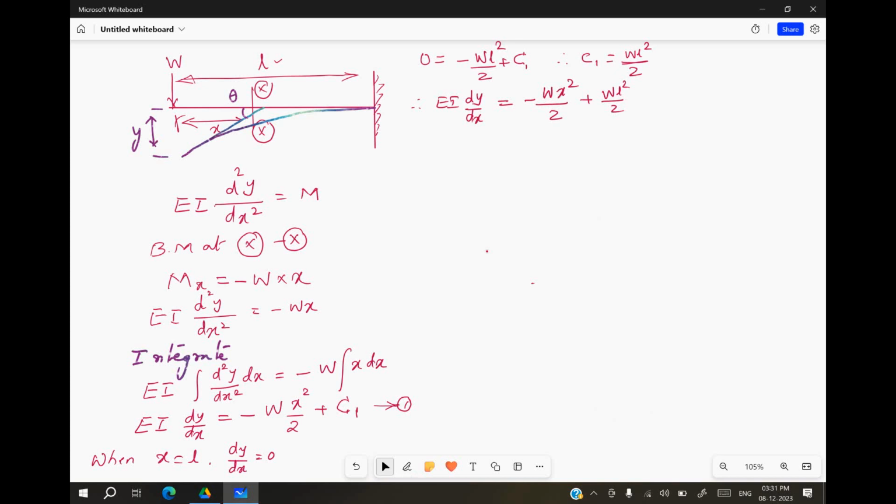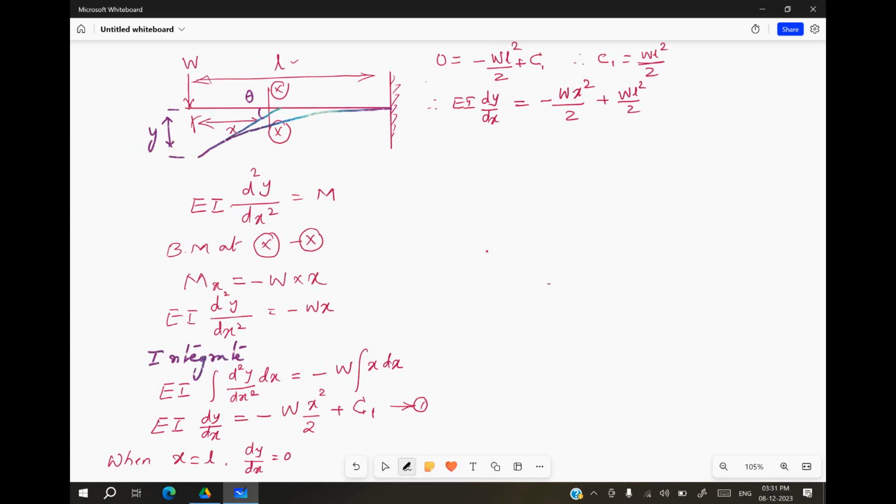This is your equation for slope of the beam at any distance x.